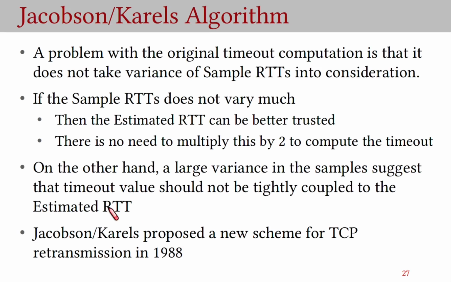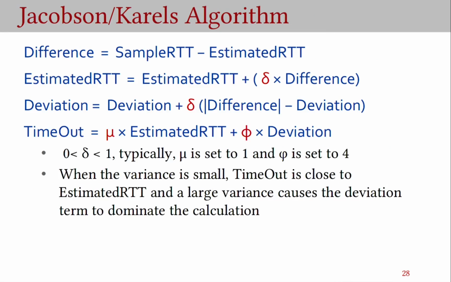And so this was recognized and fixed by these two people, Jacobson and Karels, just 1 year after the Karn and Partridge algorithm. It was 1988. In the Jacobson-Karels algorithm, we keep a running average of two quantities, estimated round trip time and deviation.